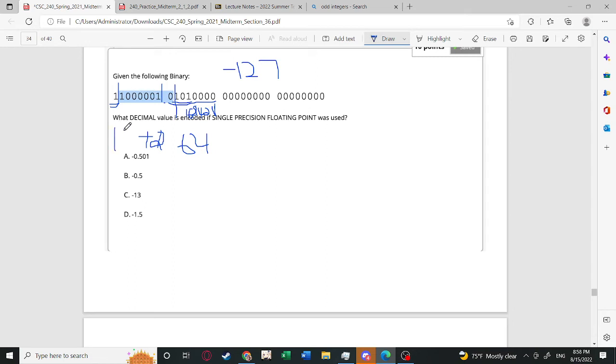So 128 plus 2 is 130. 130 minus 127 is equal to positive 3. Okay, so we have positive 3.